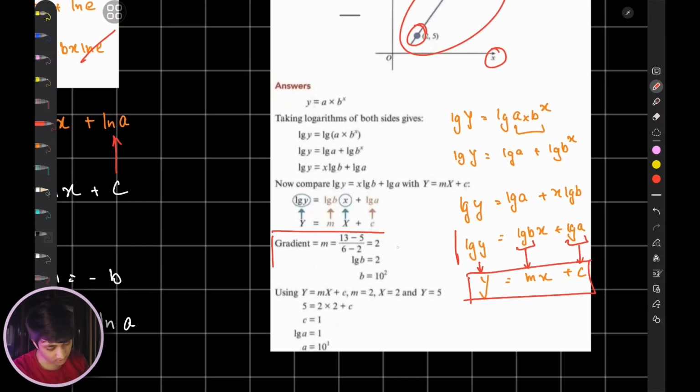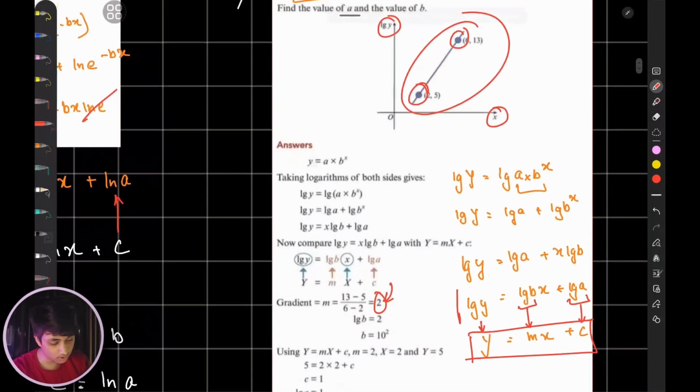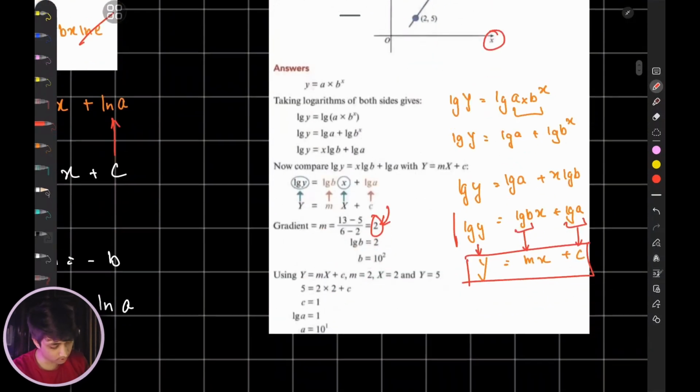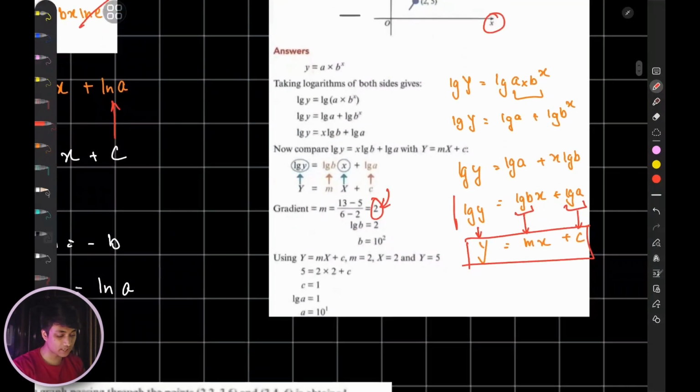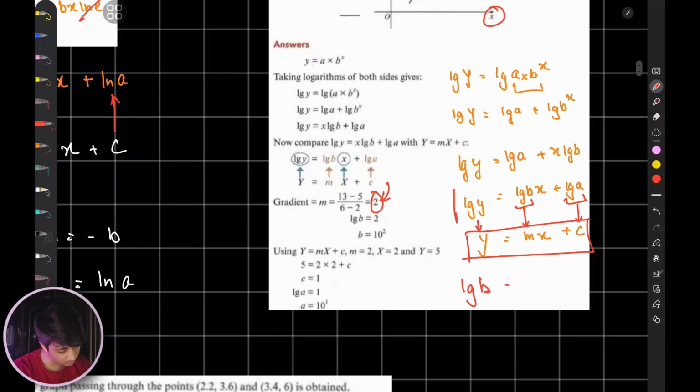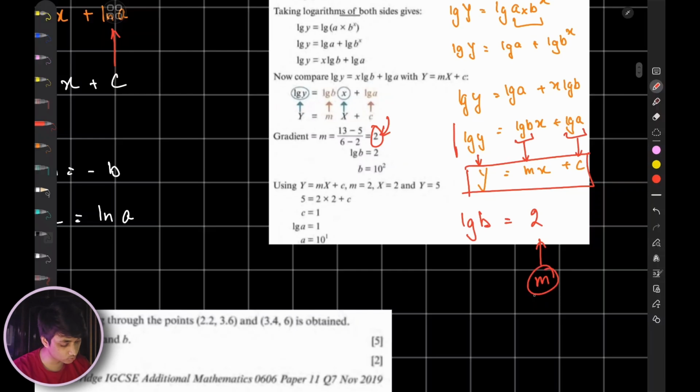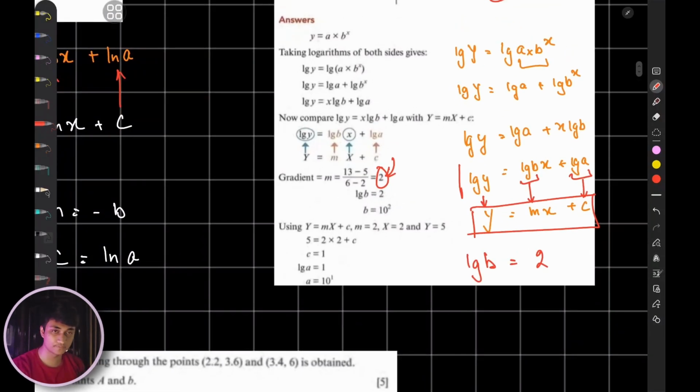Okay, so they've already found out the gradient, which is 2, right? 2 is the gradient of the line. Now the question is, I understand LGB is equal to the gradient, which is 2. How do I find out the value of b? If you know how to work with logarithm, you know the answer to this already.